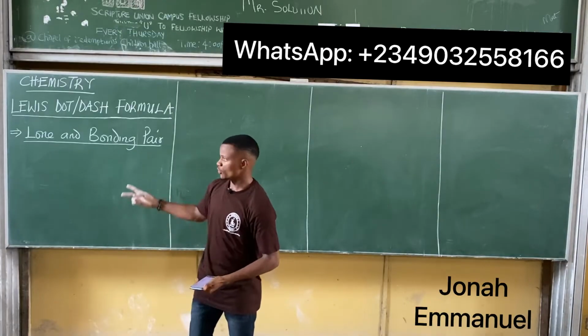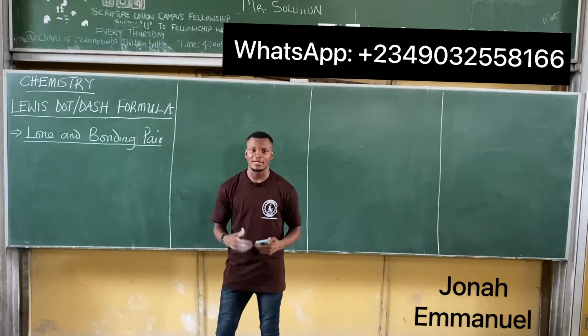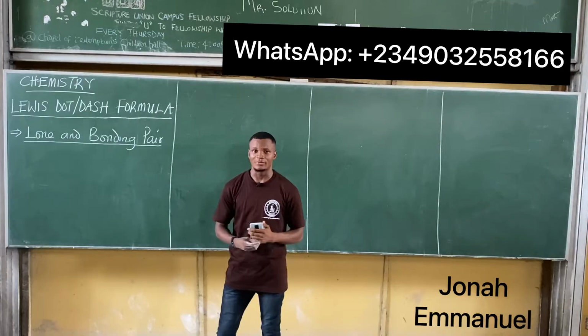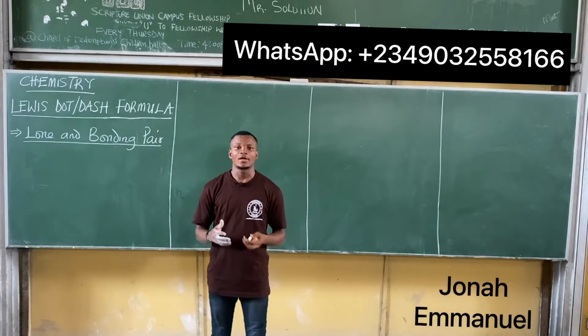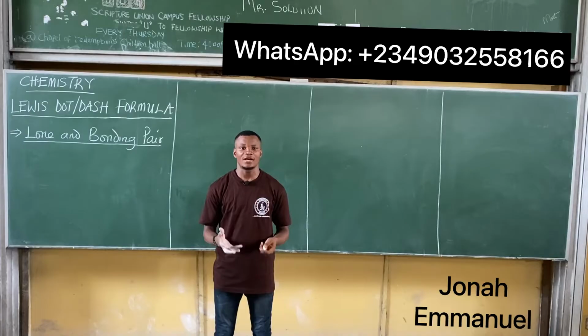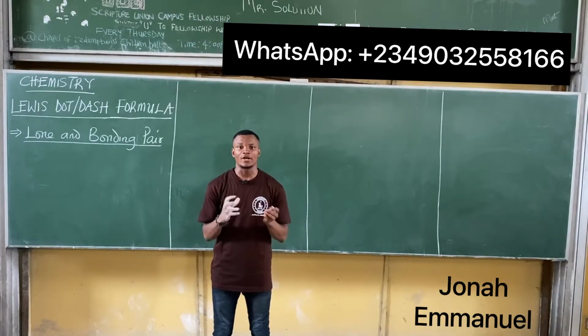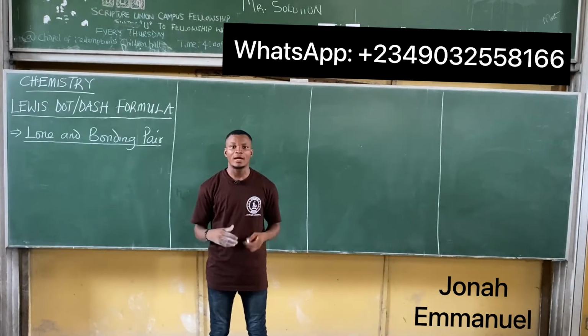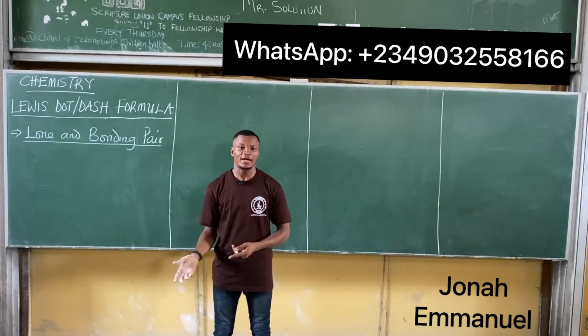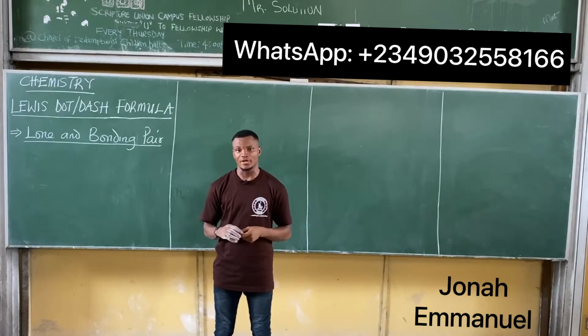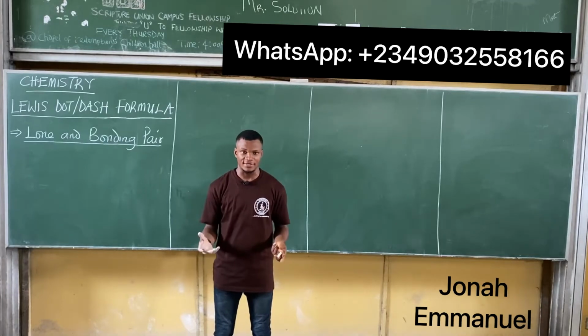Alright, so we use these two concepts to learn how to write Lewis dot or dash formula for compounds. What you should notice is this: a bonding pair is simply a pair of electrons that is shared between atoms during a combination process, while lone pairs are simply pairs of electrons that are not shared between atoms during a bonding process. It's that easy.